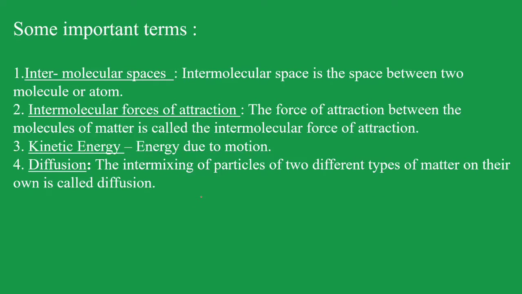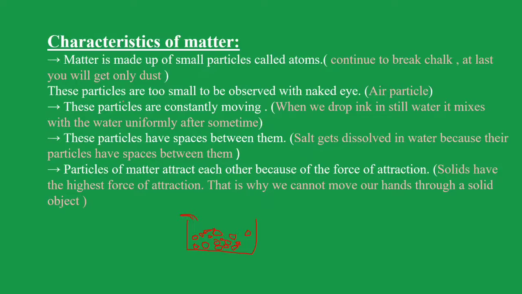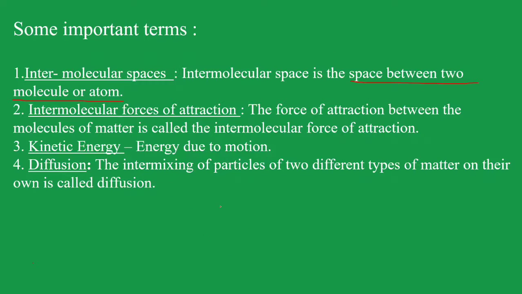Now, as I told you, let us learn some important terms. First is intermolecular space. What do you understand by intermolecular space? As the name suggests, it is the space between two molecules or atoms, as we have seen in the last slide. Between the molecules of water there is a space, and this space is known as intermolecular space.